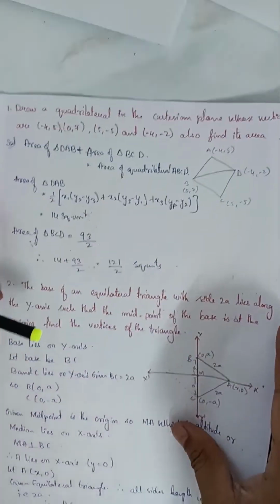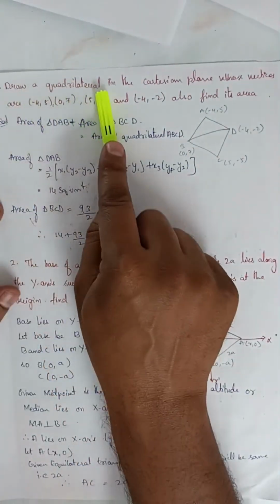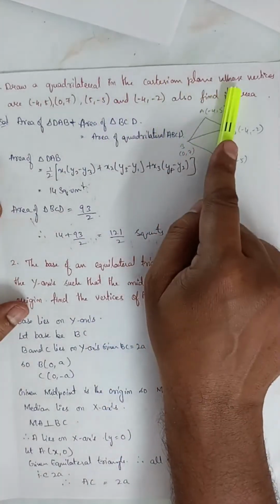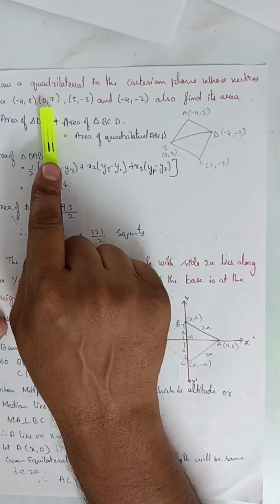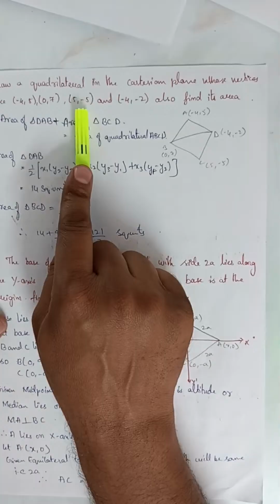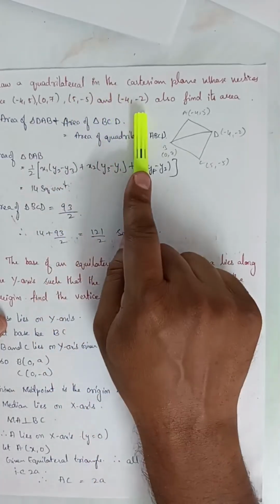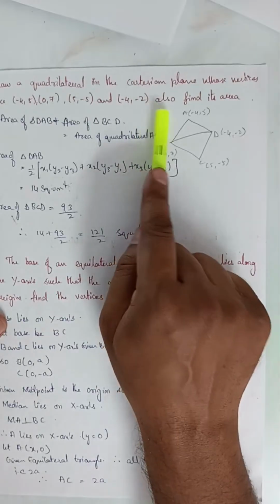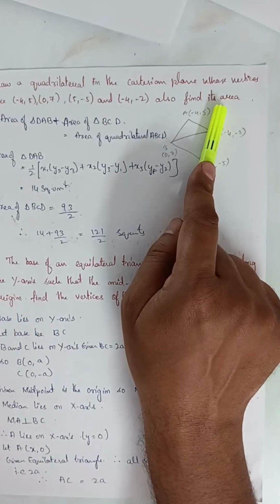Now we have one more question. Draw a quadrilateral in the Cartesian plane whose vertices are (-4, 5), (0, 7), (5, -5) and (-4, -2). Also find its area.